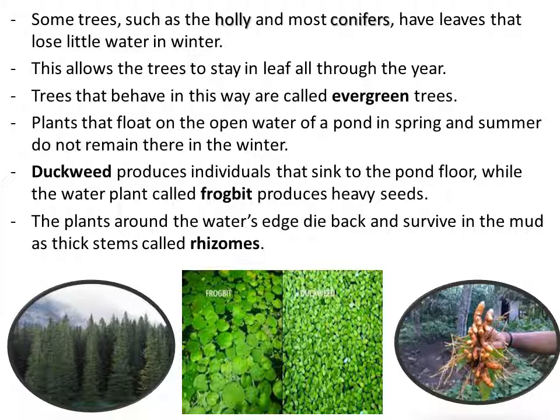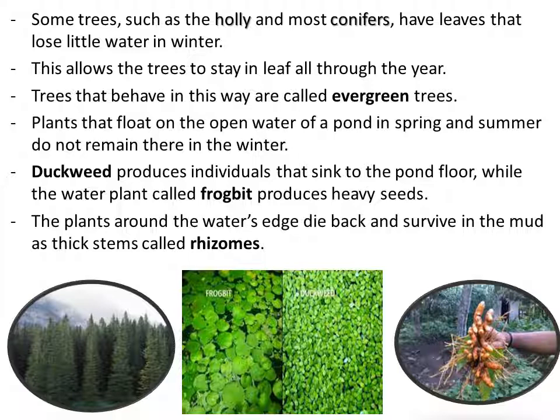Duckweed produces individuals that sink to the pond floor, while the water plant called frogbed produces heavy seeds. The plants around the water's edge die back and survive in the mud.